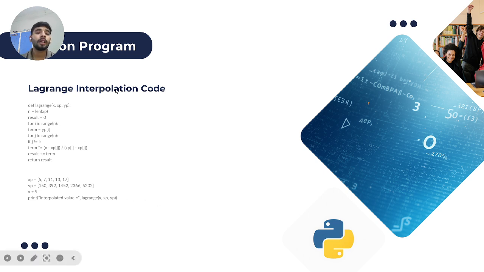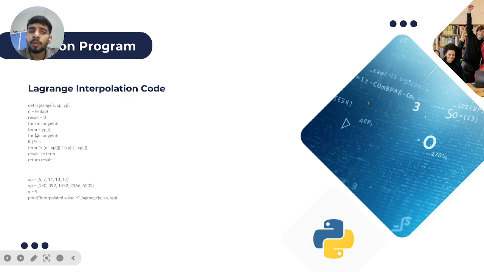The Python program for the interpolation code is given as follows. We first define the Lagrange function, where we give three arguments: x, xp, and yp. The length n equals the length of the xp list, which will be given as the argument, and the result equals 0.